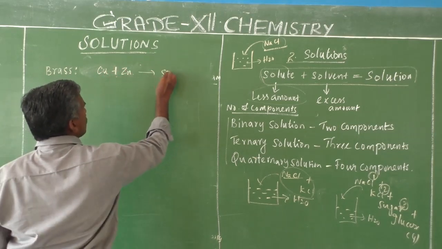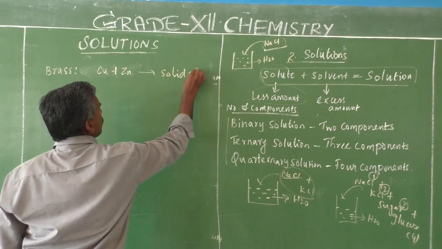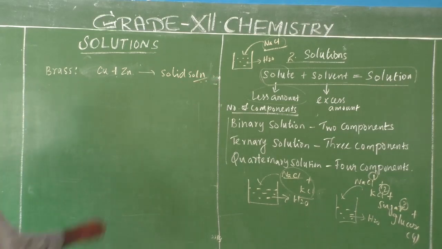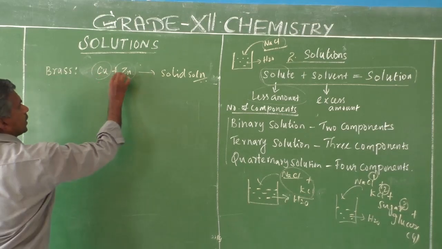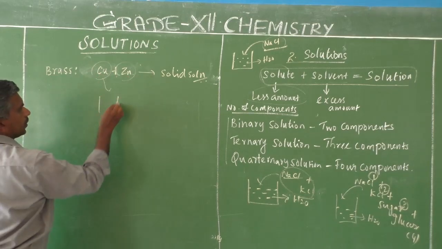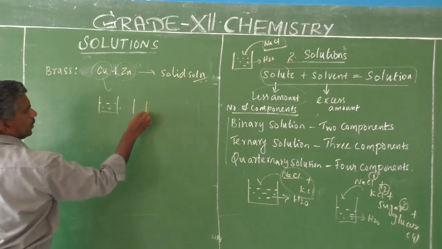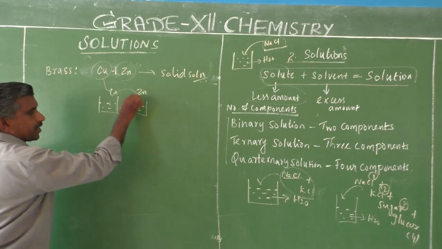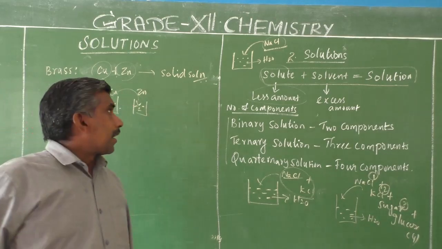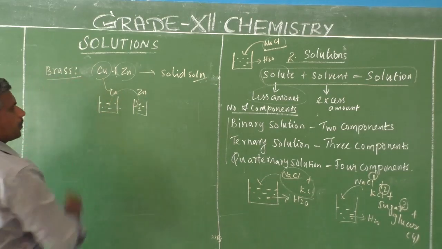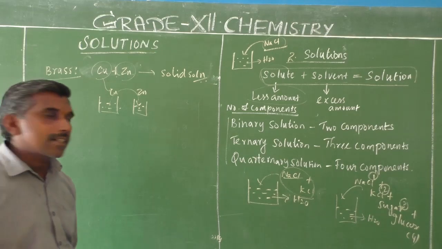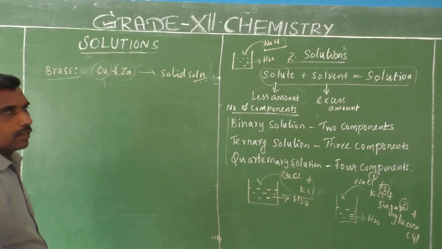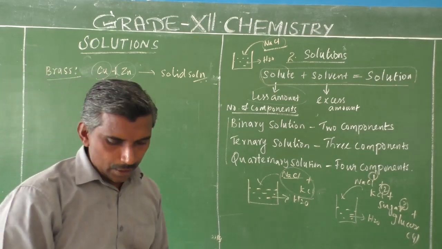This is also a solution, known as a solid solution, because copper and zinc are mixed in a molten form to form an alloy. That alloy is known as brass. Brass containing copper and zinc is a great example of a solid solution.